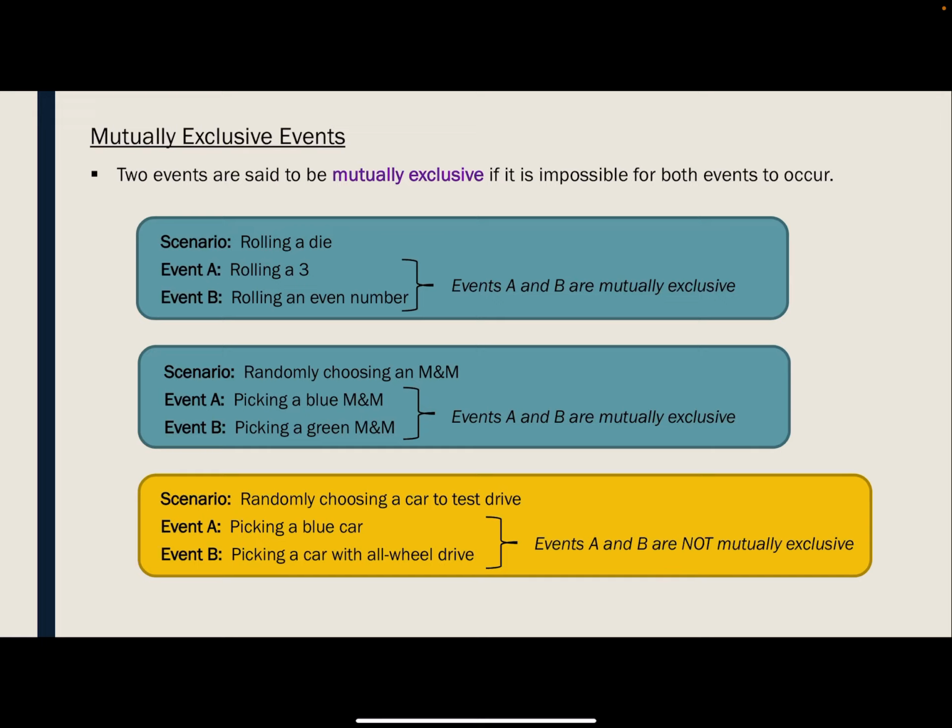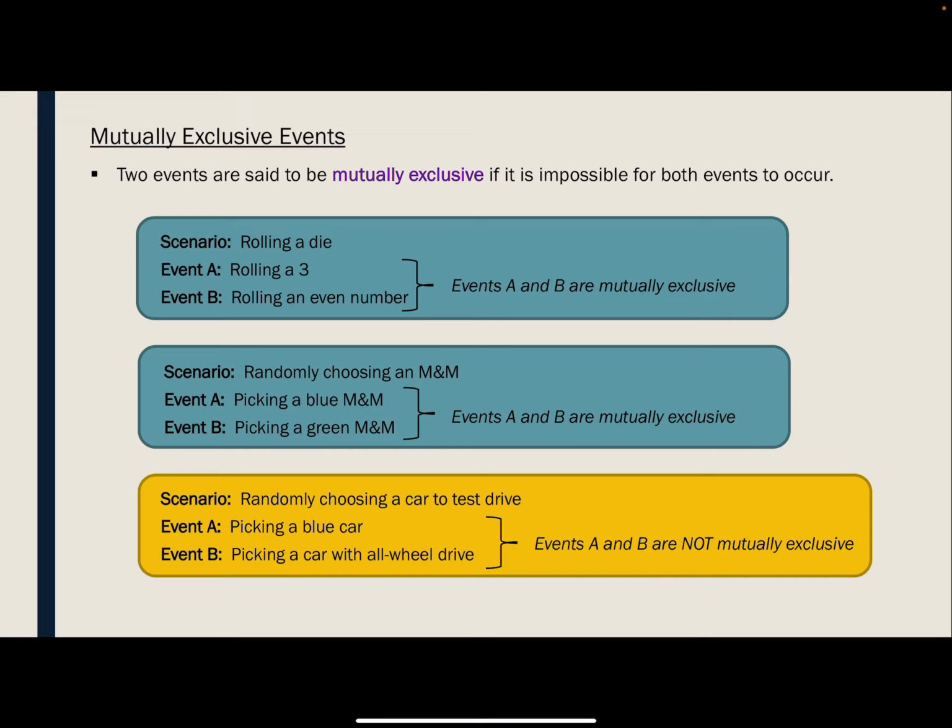Mutually exclusive or disjoint events have no possible outcomes that they share. For example, if we're rolling a die, and one event is rolling a 3 and the other event is rolling an even number, those two events don't have anything in common, so they would be considered mutually exclusive.